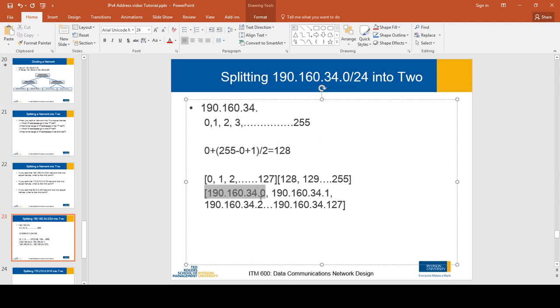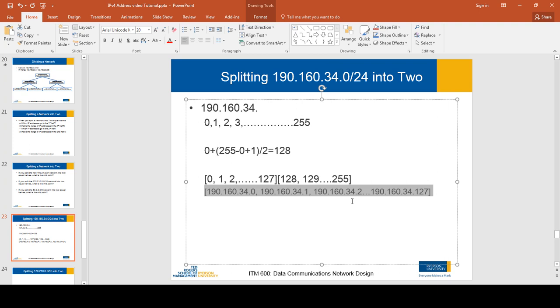Alright, the second half of the IP addresses start from .128 on the 4th octet.